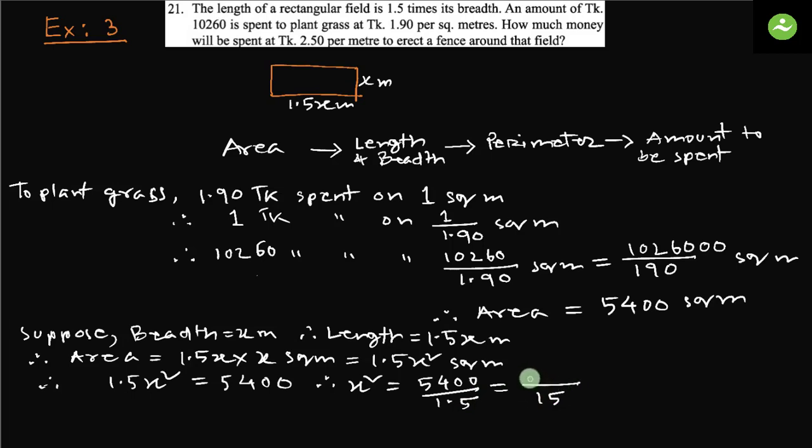So 54000 divided by 15. Now we can divide very easily, and the result will be 3600. It will be square meter, but x square equals 3600. Therefore, value of x, if we take root both sides, equals root of 3600, which is 60.